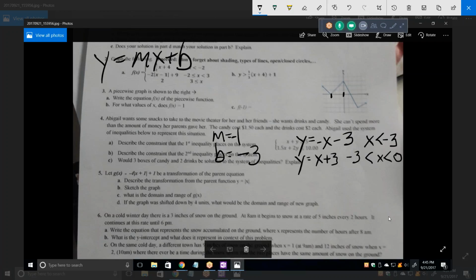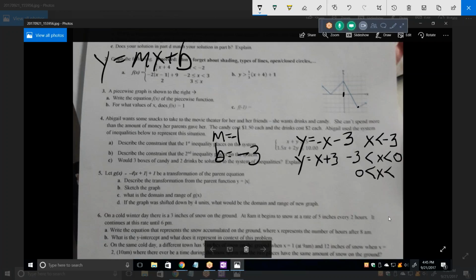Okay. What's the next domain? x is greater than what and less than what? x is greater than 0, but less than 1.5.